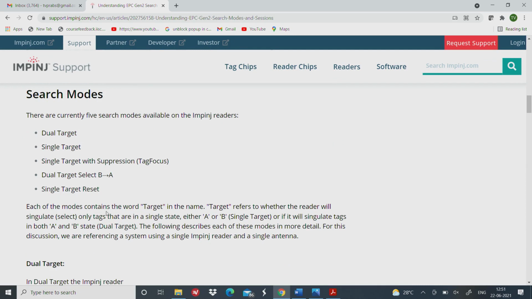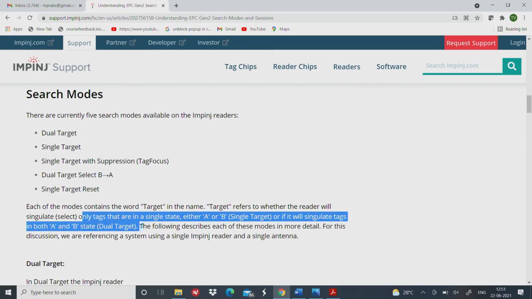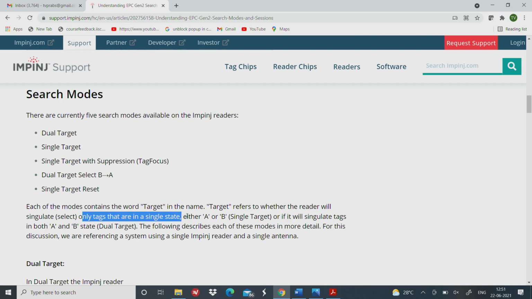Each of the modes contains the word target in the name. Target refers to whether the reader will singulate, that is select only tags that are to be read in a single state, or whether it has to be read in A or B. Single you want, or in both states you want to read; if it will singulate tags in both A and B, that is called dual target.